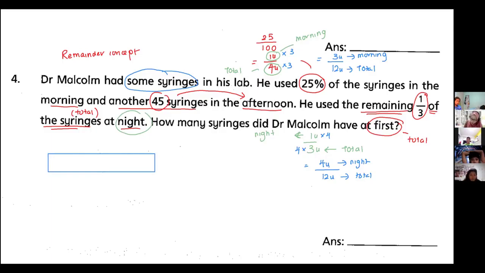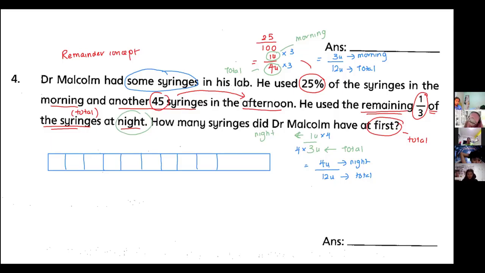So I know that my model will be of 12 parts. Okay. So I cut it up, cut everything up into 12 equal parts. So once I have 12 units, what I do? The shading lah. So I know the morning is 3 units. 1, 2, 3.